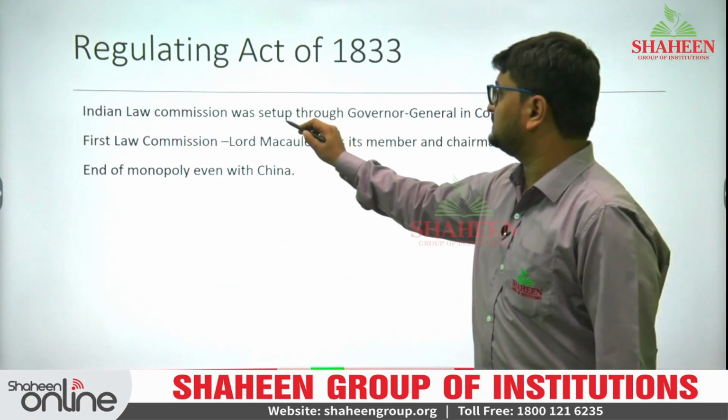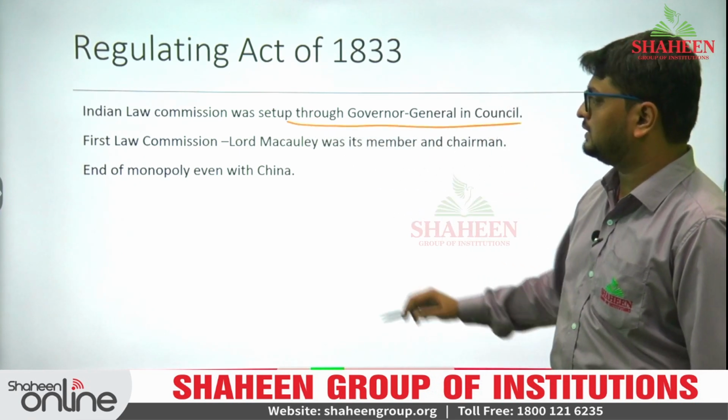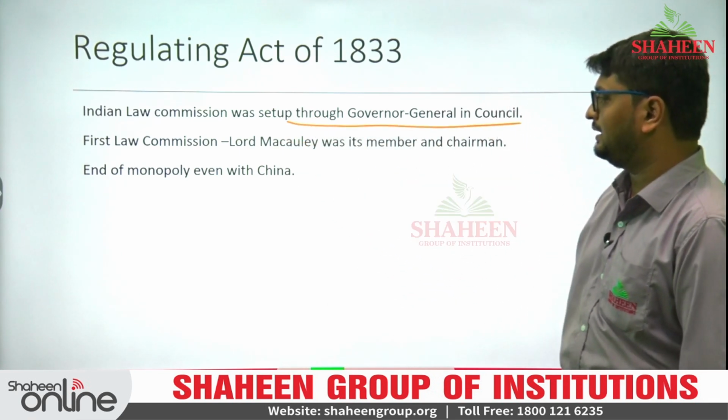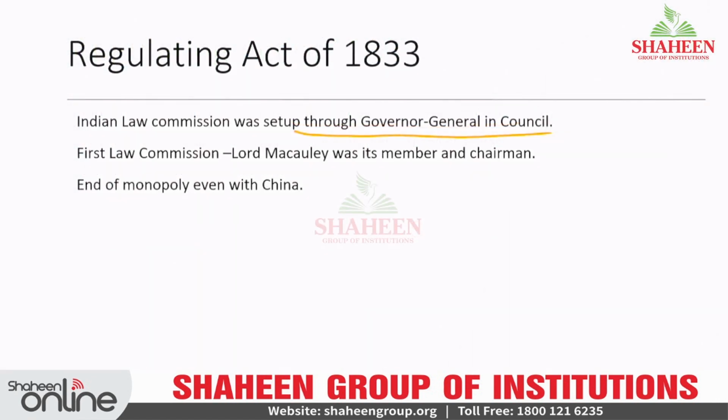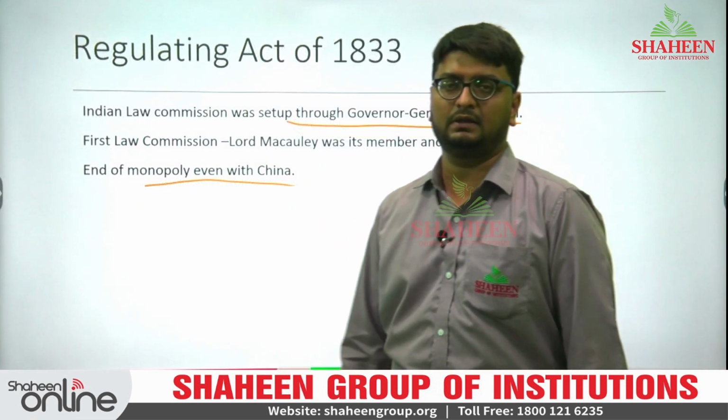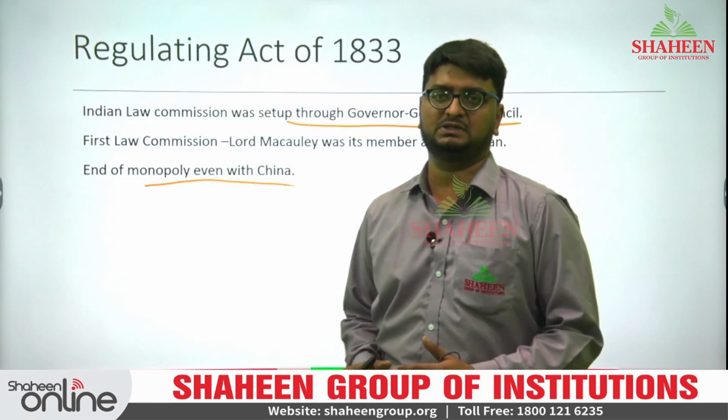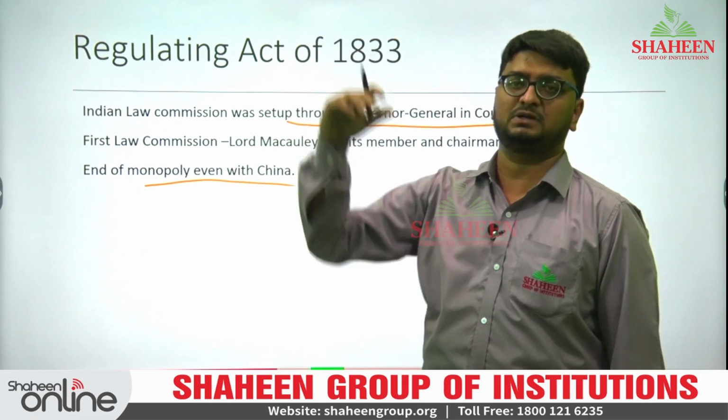Indian Law Commission was also set up through Governor General in Council. In the first Law Commission, Lord Macaulay was its member and chairman. It also came about by the Regulating Act of 1833, and the end of monopoly even with China happened because of it. So total centralization happened, the final step of centralization.